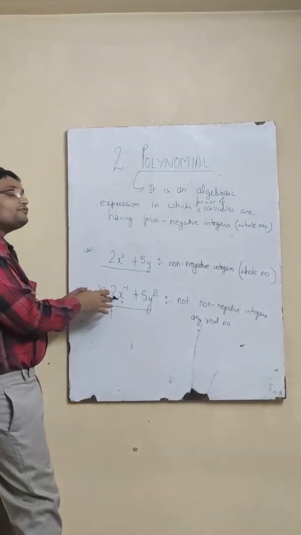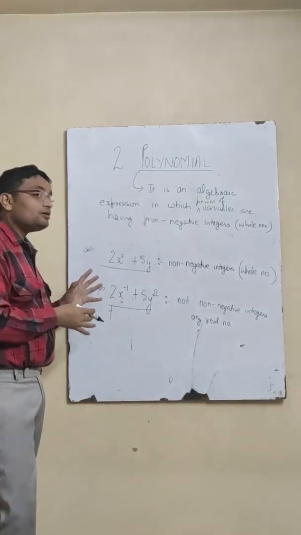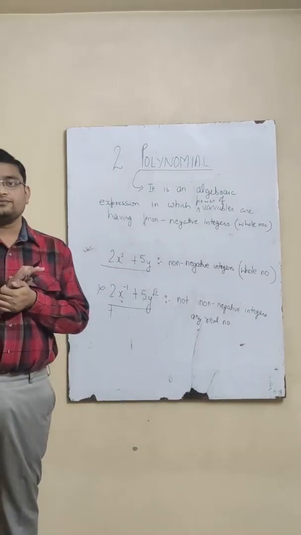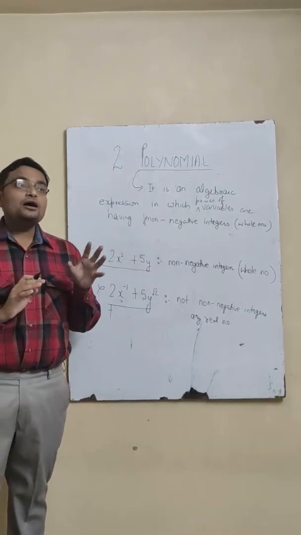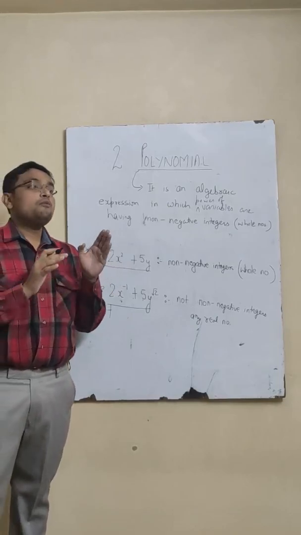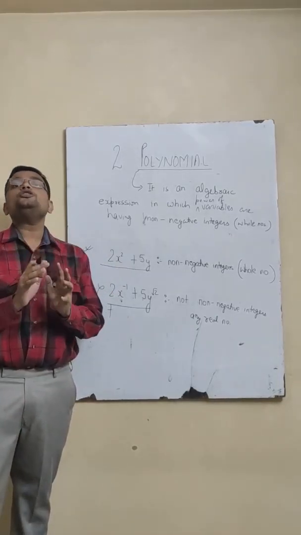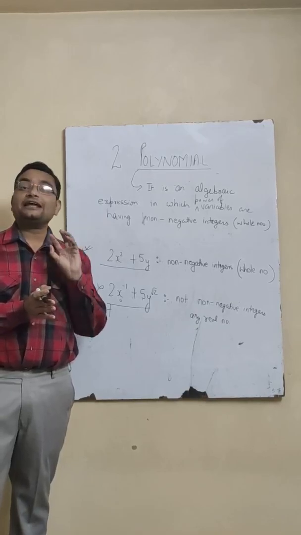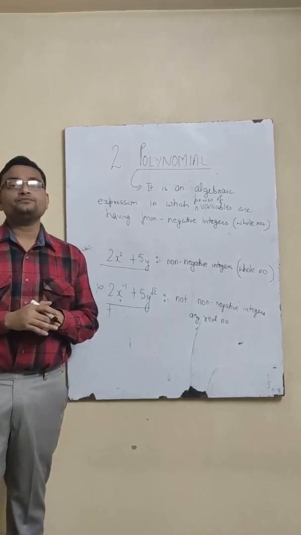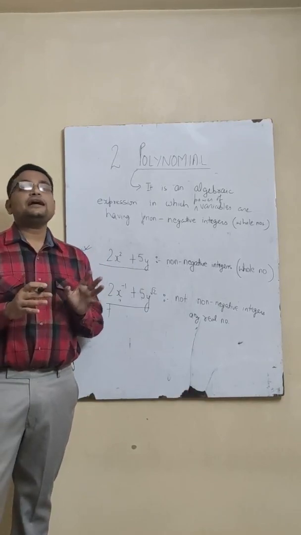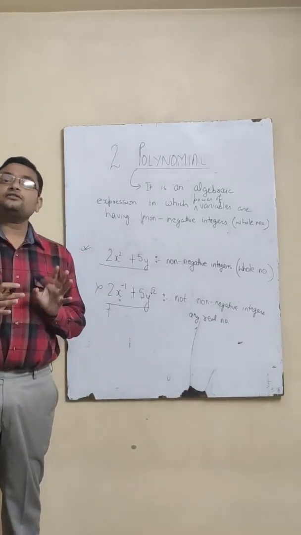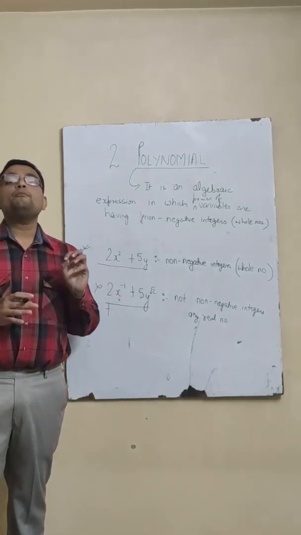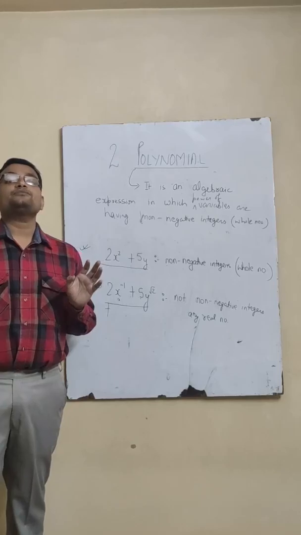Because the power of the variable of this algebraic expression is not a non-negative integer, and those algebraic expressions whose variable power is not a non-negative integer cannot be called polynomials. So from this you will understand the difference between polynomial and algebraic expression.